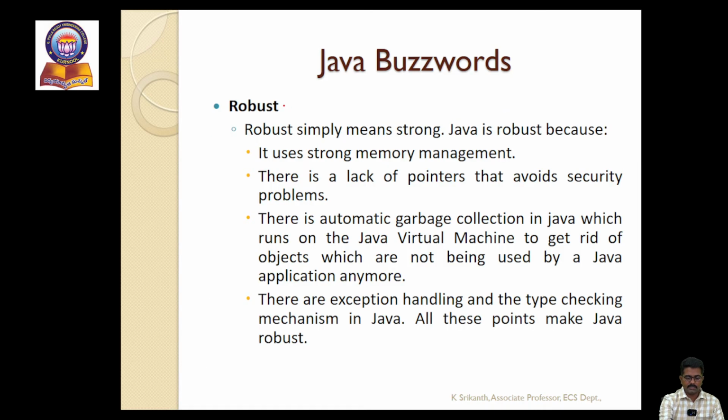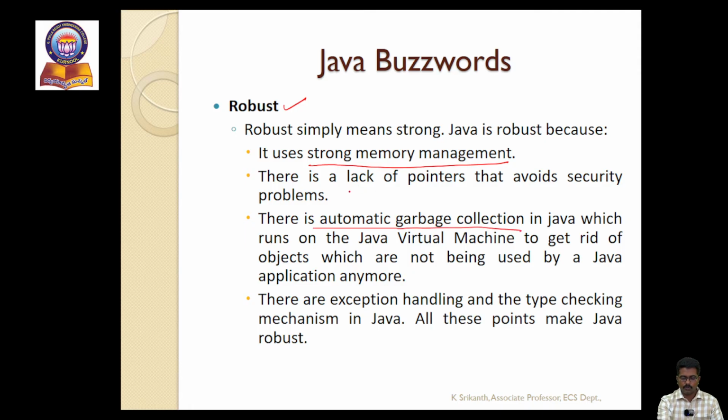The next feature is robust. The language is robust because of four important points. One is strong memory management, because the memory is allocated in the heap dynamically and it is cleared automatically using the garbage collection program.